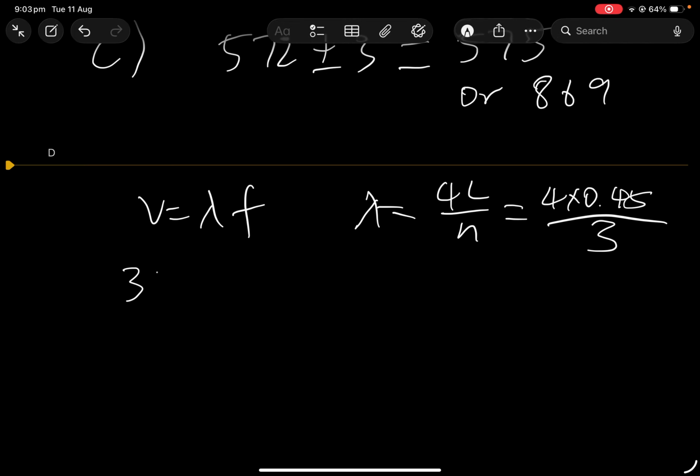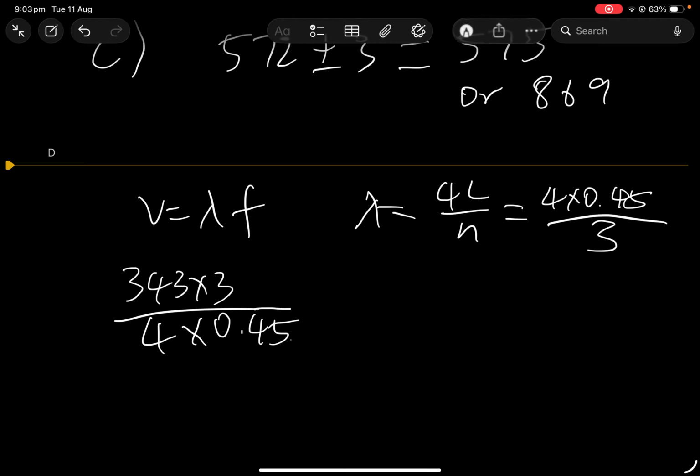So it's 343 times 3 over 4 times 0.45. Oh, we want to find the length, we don't have the length. My bad.